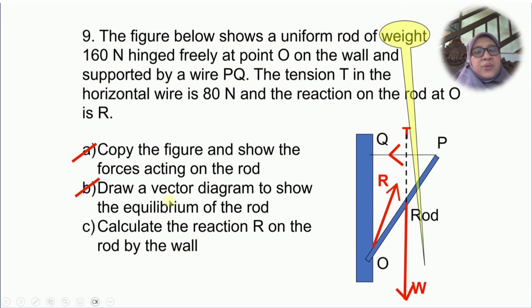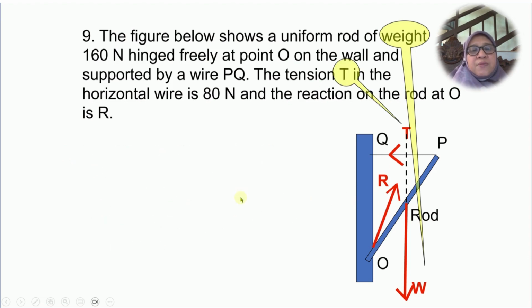Now we are going to draw the vector diagram for the forces. For the system to be in equilibrium, the vector diagram will be a complete triangle where the direction of the arrows follows one after another.